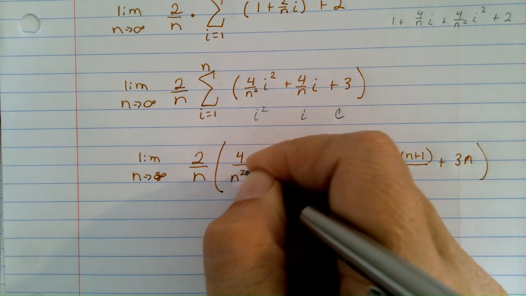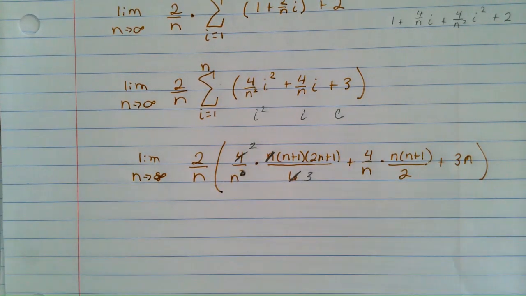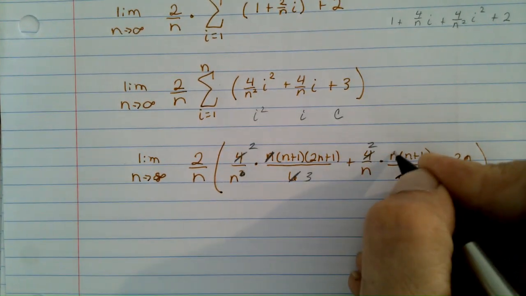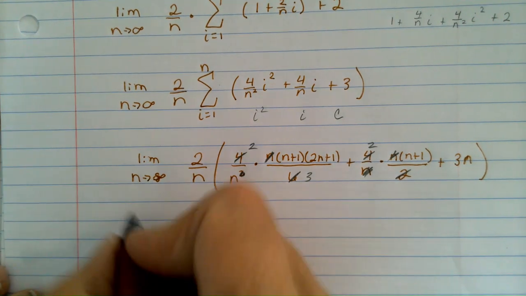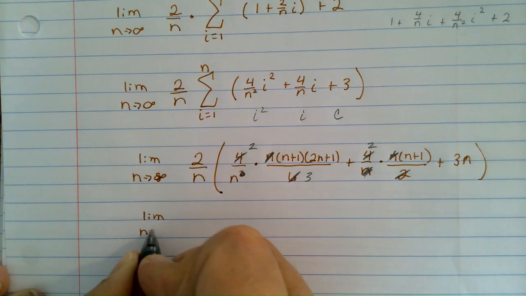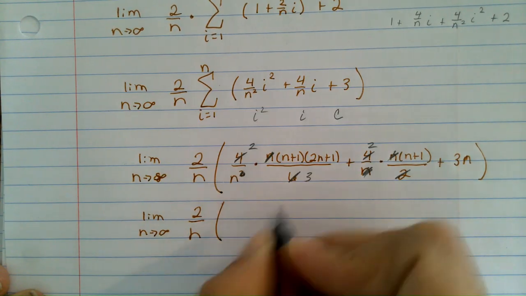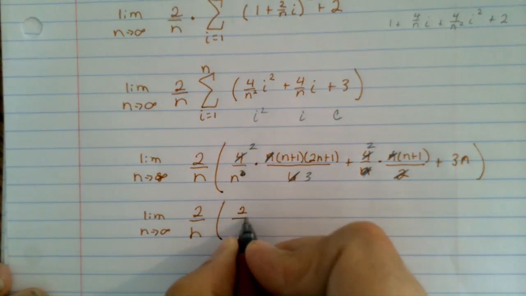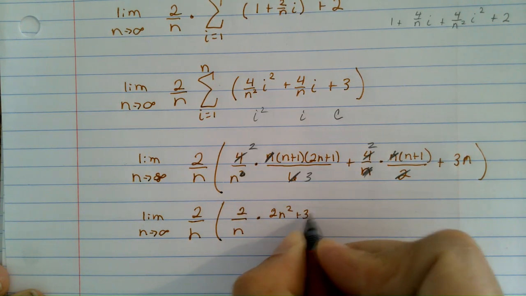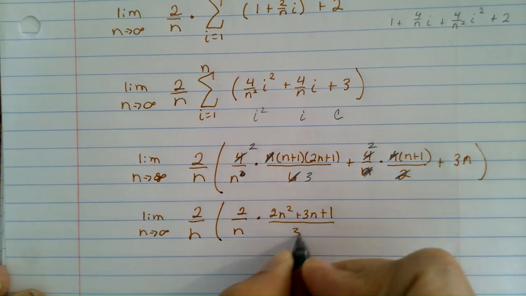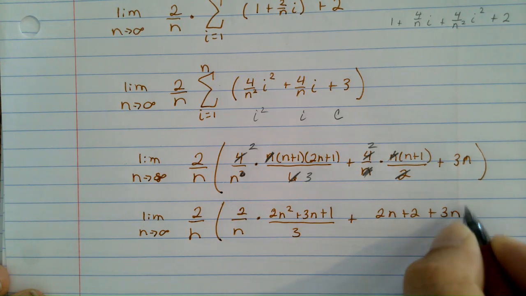So this n gets rid of one of those. We can make this a 2 and this a 3. 2 goes into 4 twice. n would cancel n. So let's see what we got here. The limit as n approaches infinity of 2 over n multiplied by 2 over n times 2n squared plus 3n plus 1 over 3 plus 2n plus 2 plus 3n.